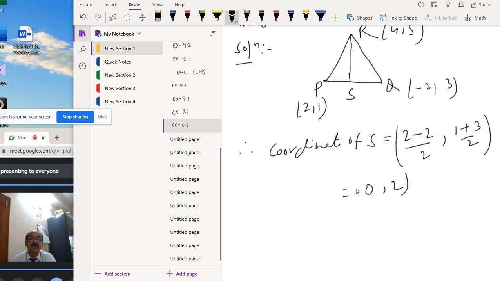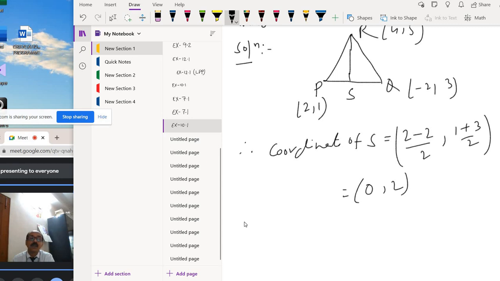So S is (0, 2), the midpoint. Now you have to find the equation of RS. R is (4, 5) and S is (0, 2).